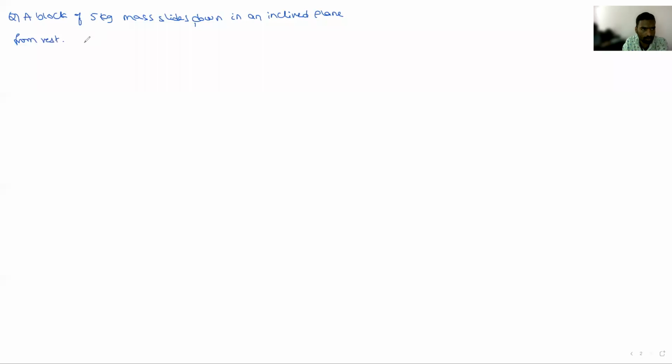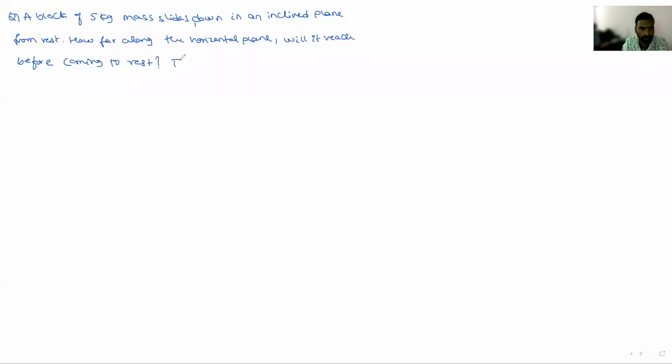How far along the horizontal plane will it move before coming to rest?